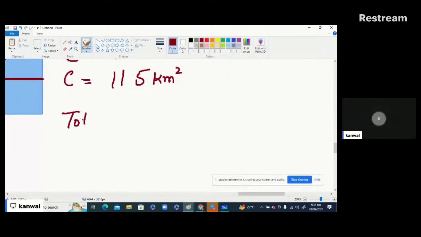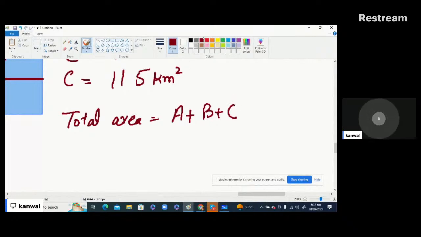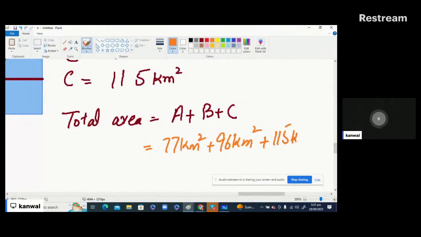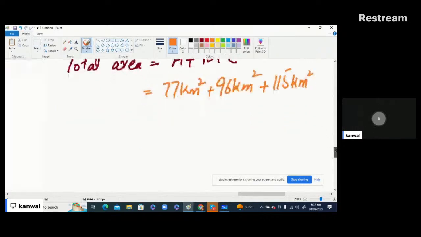Now total area: A plus B plus C, all that figures added: 77 kilometer square, 96 kilometer square plus 115 kilometer square.